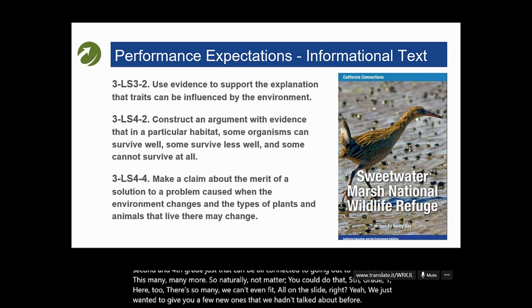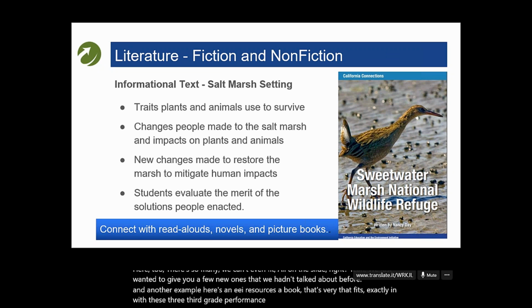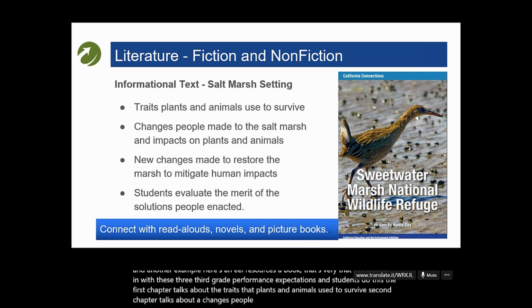And another example, here's an EEI resource. It's a book that fits exactly in with these third grade performance expectations. As students do this, the first chapter talks about the traits that plants and animals use to survive. The second chapter talks about changes people made to that salt marsh and the impacts on the plants and animals.